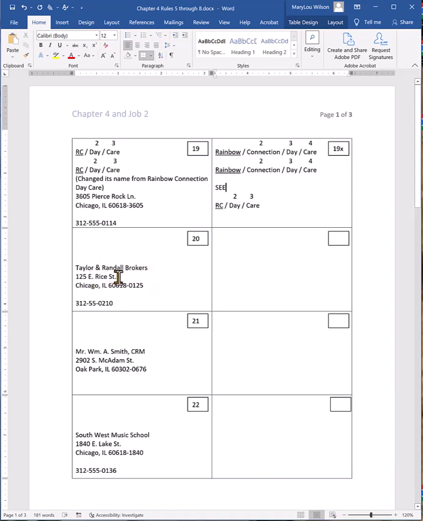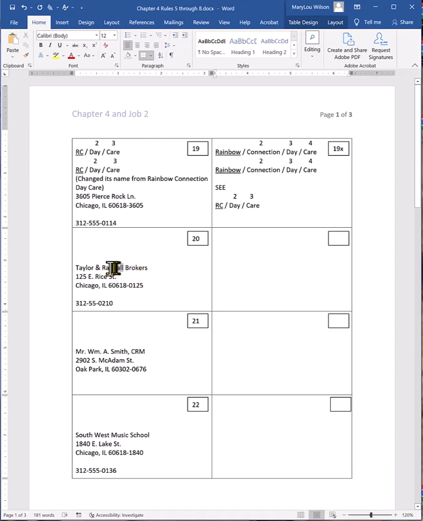This is Taylor and Randall Brokers. This record is an example of cross-referencing rule number 1, which is compound business names. By compound, what we mean is that there is more than one name in this business name. So the original record is known as Taylor and Randall Brokers.